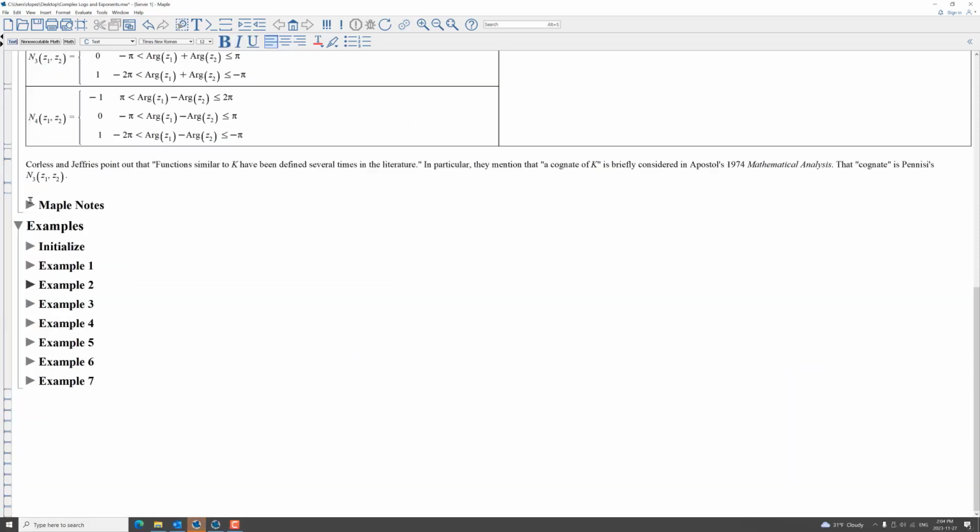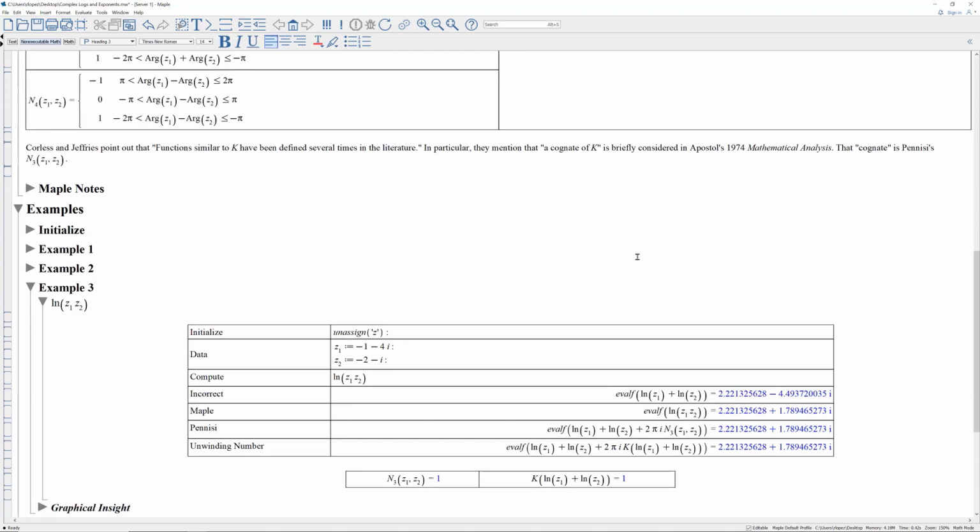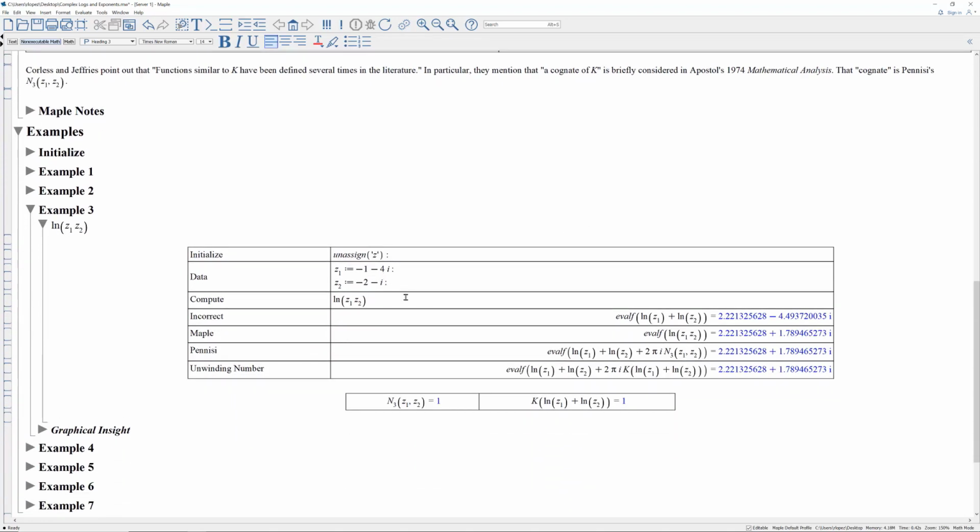So example 3, we look at the log of a product. So we need a z1 and a z2, and we are computing the log of that product, z1 times z2. And this is the incorrect answer if you just simply take the sum of the logs. And again, we're working floating point arithmetic. Log of the product in Maple, which should be the correct answer, floated, you can see the imaginary part is going to be different.